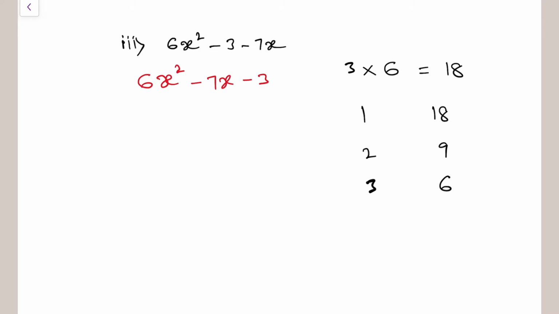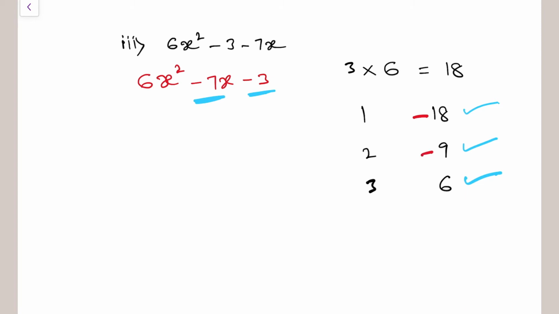Now here the constant is negative, right? So if the constant is negative, it means in every pair one number is compulsorily negative. In this pair also one number is compulsorily negative. In this also one number is compulsorily negative. And the middle term is negative. So in every pair the bigger number is negative. In 1 and 18, 18 is bigger, so that should be negative. In 2 and 9, 9 is bigger, right?